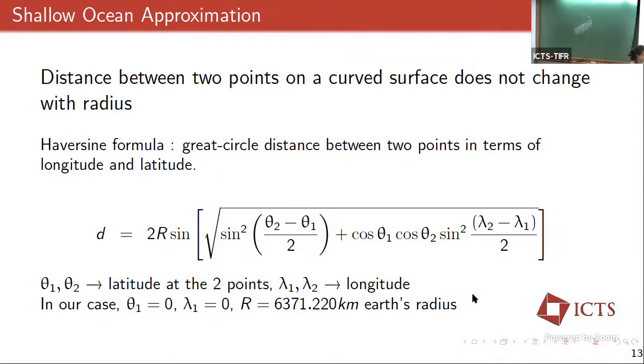Now, great circles are used for navigation, in airplanes and ships, because the least distance between two places is along the great circle. The formula for the great circle distance between 2 points is called the Haversine formula.